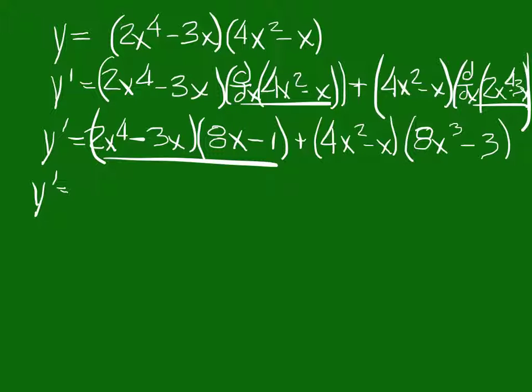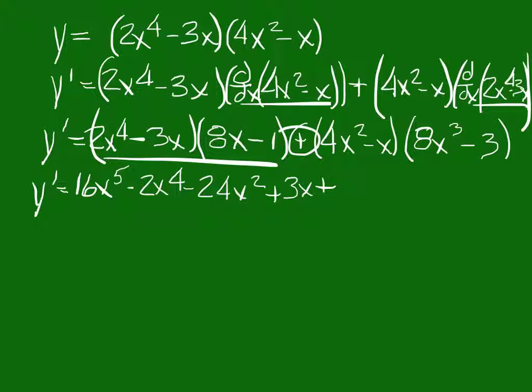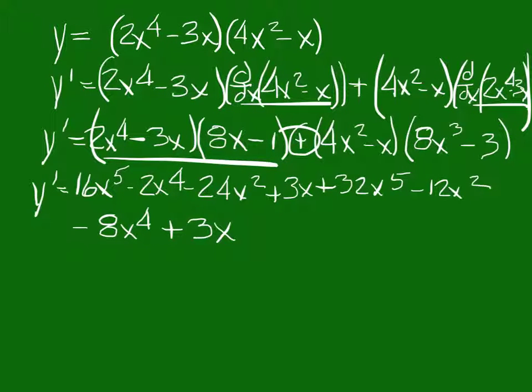Multiply these two together to get 16x to the 5th minus 2x to the 4th. And then we'll have minus 20x squared plus 3x. This is a plus sign, so there's no need to keep parentheses. 32x to the 5th minus 12x squared, and we'll go to the next line, minus 8x to the 4th, and then plus 3x. Now we have to simplify.